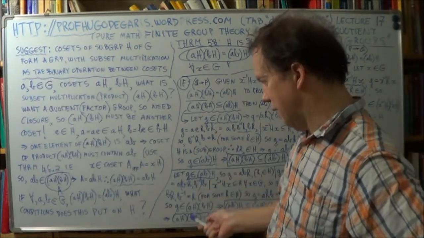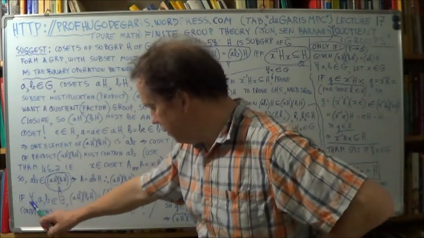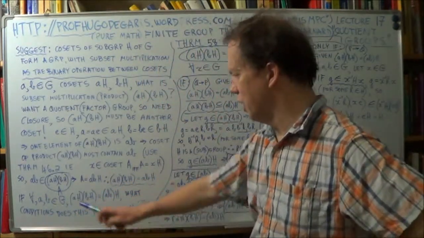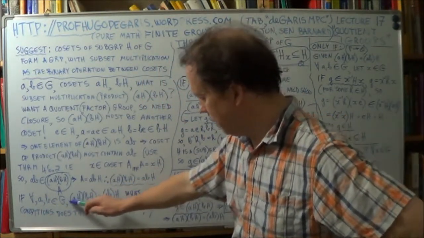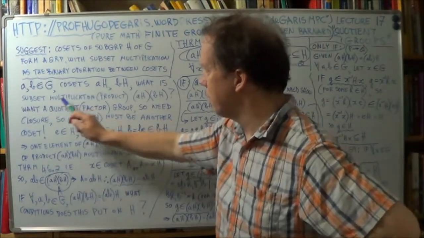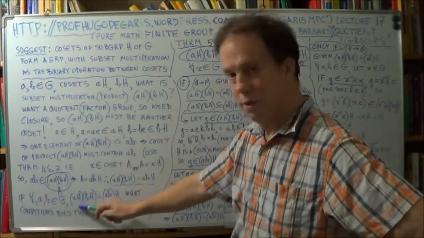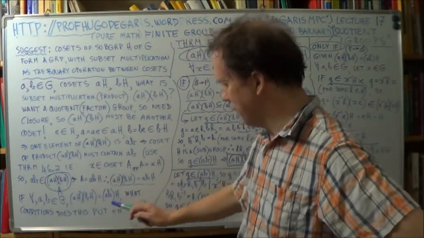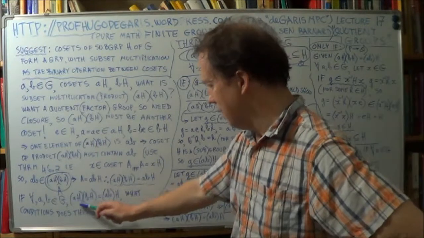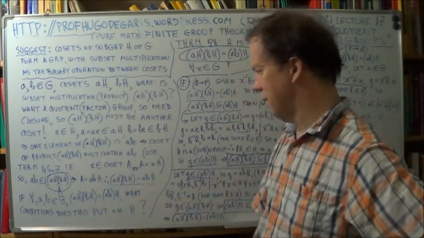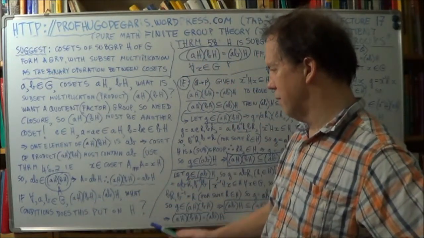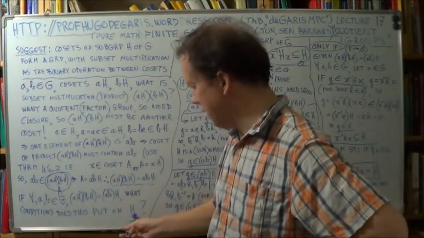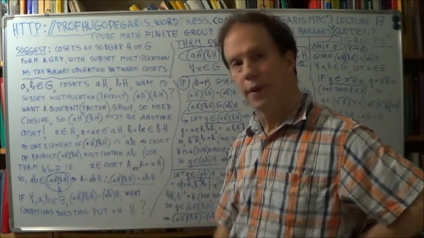So for any two elements of your group G, the subset multiplication gives you this. That's very important.